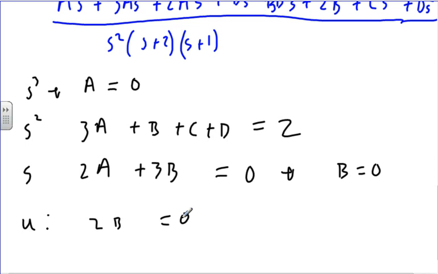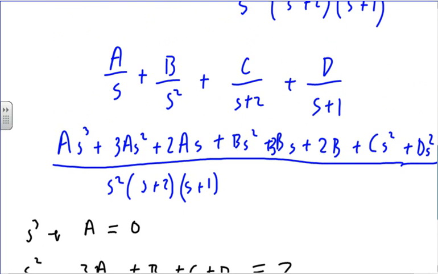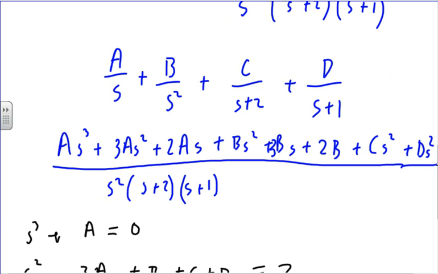So b is 0, a is 0, and c plus d is 2. Is that what you're trying to tell me? That seems rather unlikely. So what did I do wrong?